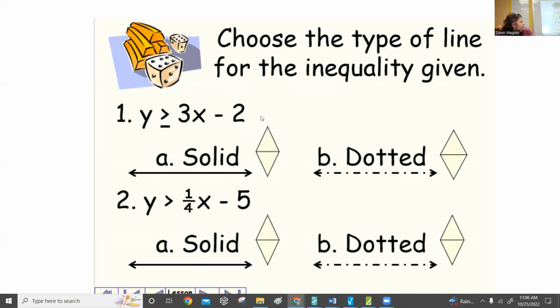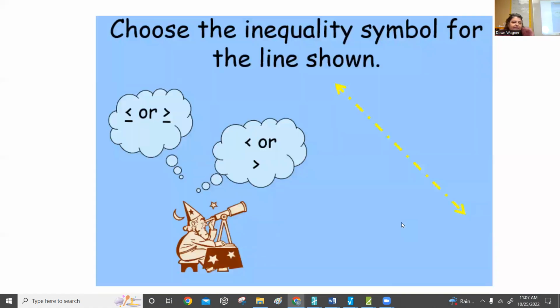So is this going to be a solid or a dashed line for number one? It's going to be A or B. It's going to be solid because there's a line under it. What about number two? Solid or dotted? Dotted, yeah. Sometimes I say dashed instead of dotted. Okay.